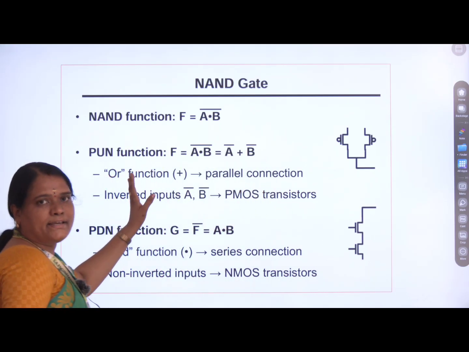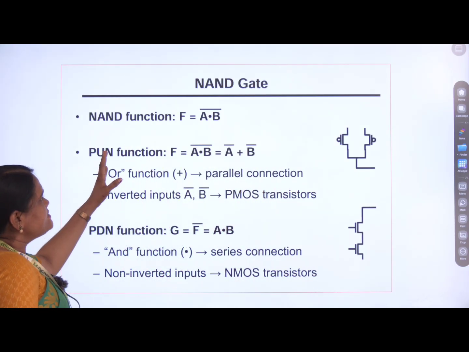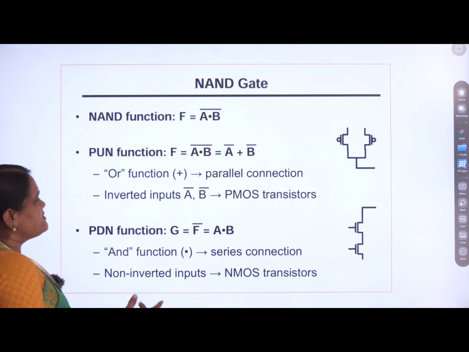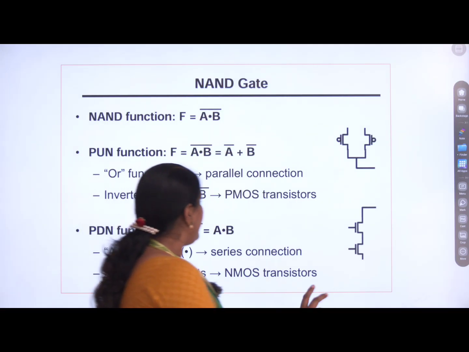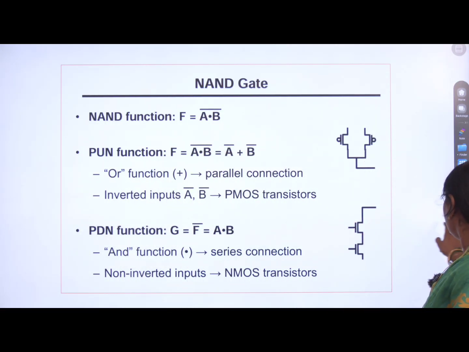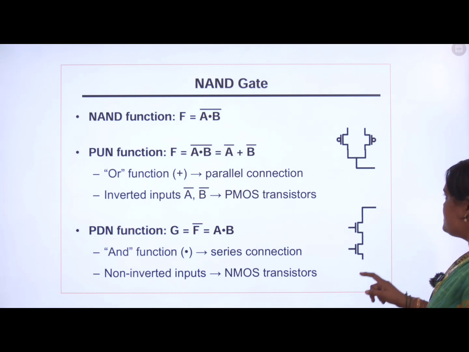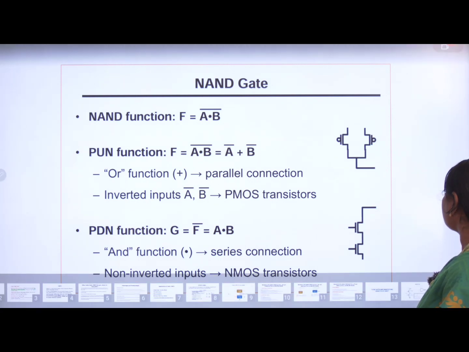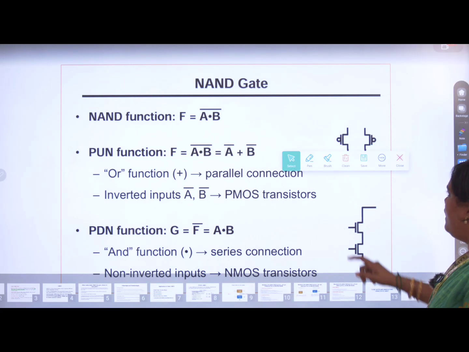The next basic gate is the NAND gate design using static CMOS. In a NAND gate, we are going to use two inputs, A and B, and an output.